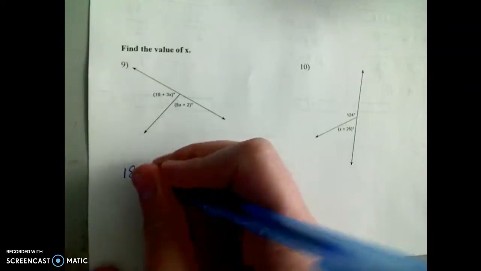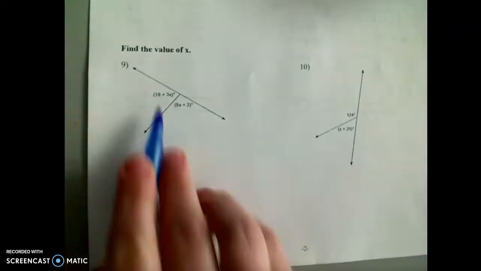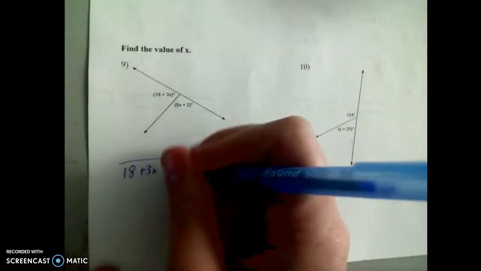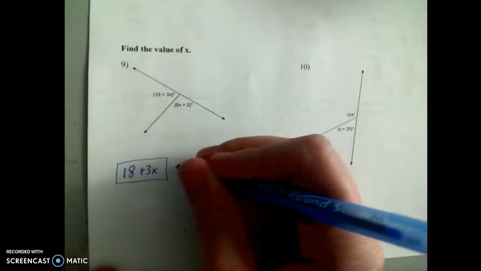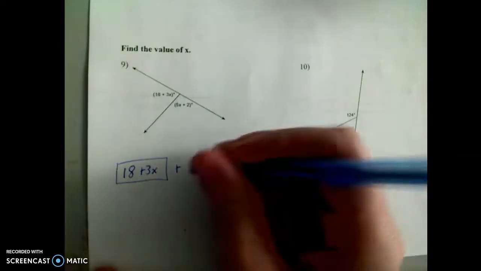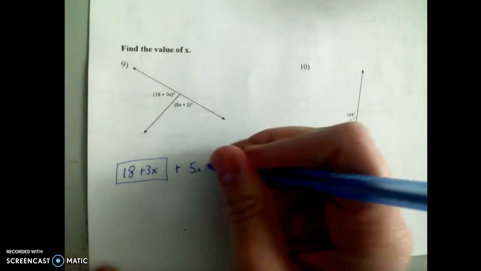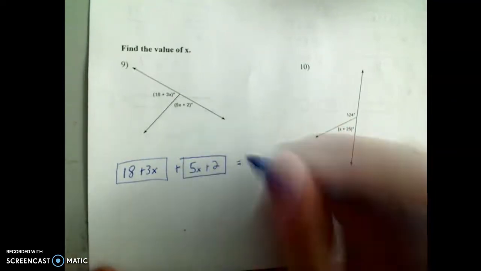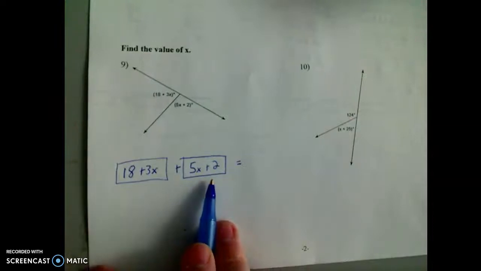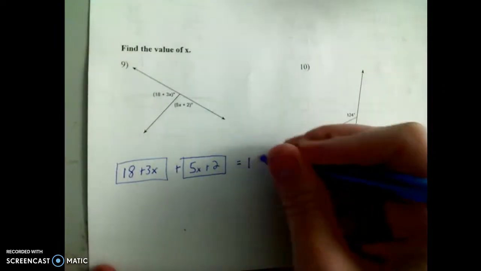18 plus 3x. That's this first angle. If you like the boxes, you can put it in boxes, but you don't have to. Plus my second angle, 5x plus 2. And we know that those two angles added together need to equal 180.